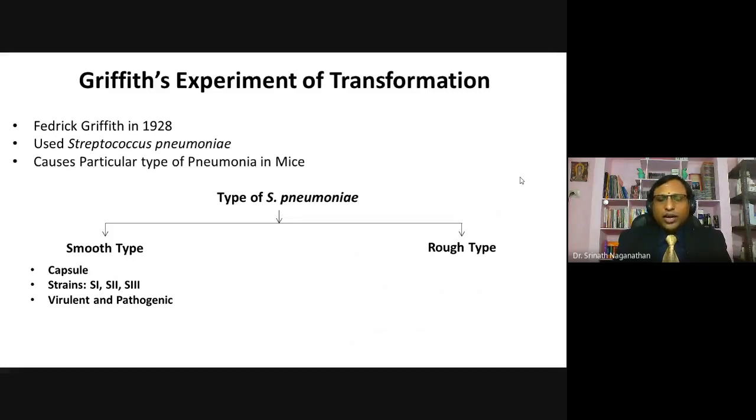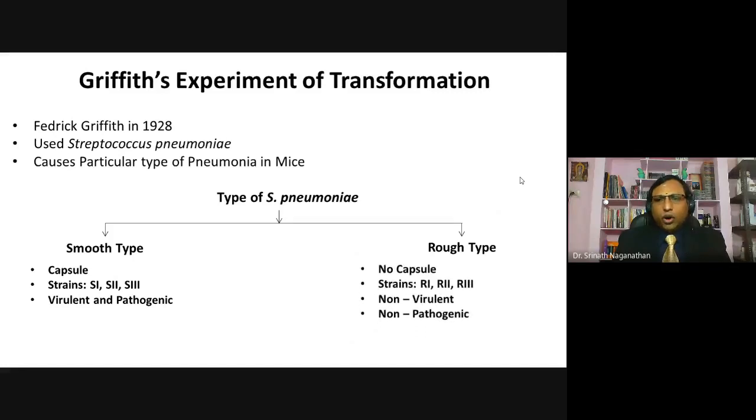It has different strains like S1, S2, and S3, and it is a virulent and pathogenic strain which leads to pneumonia in mice.